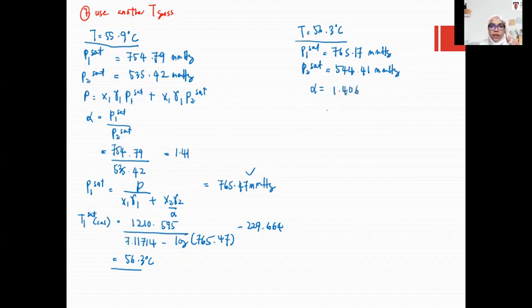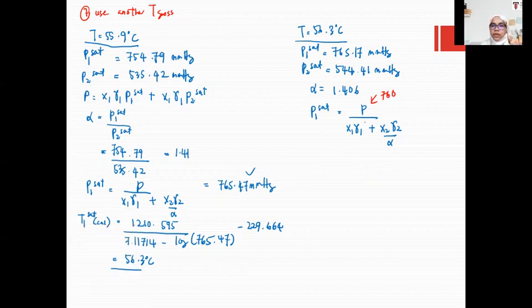And then we have alpha equal to 1.406. And then you can get another value of P1 saturation using this equation, S1 times 1 plus S2 times 2 over alpha. The P is 760, the given pressure in the question.